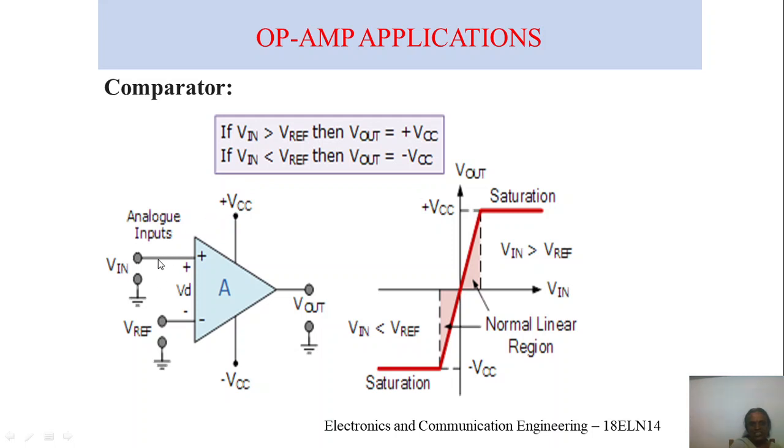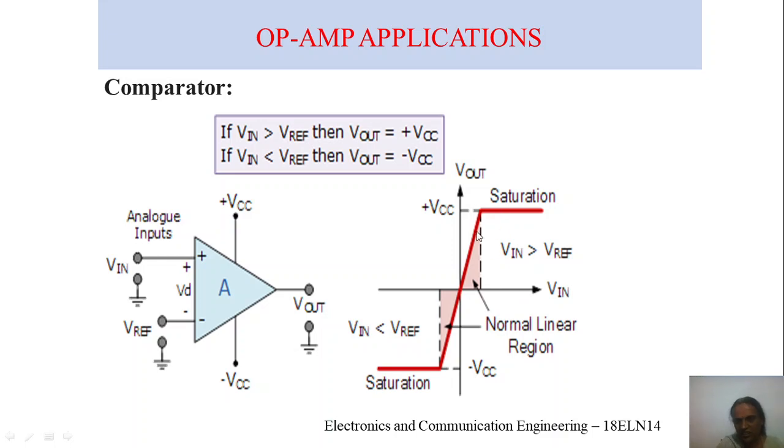Next, if Vin is less than V reference, then the output will be equal to the negative supply voltage, minus VCC. This is shown graphically here, where there is a change in this normal region.